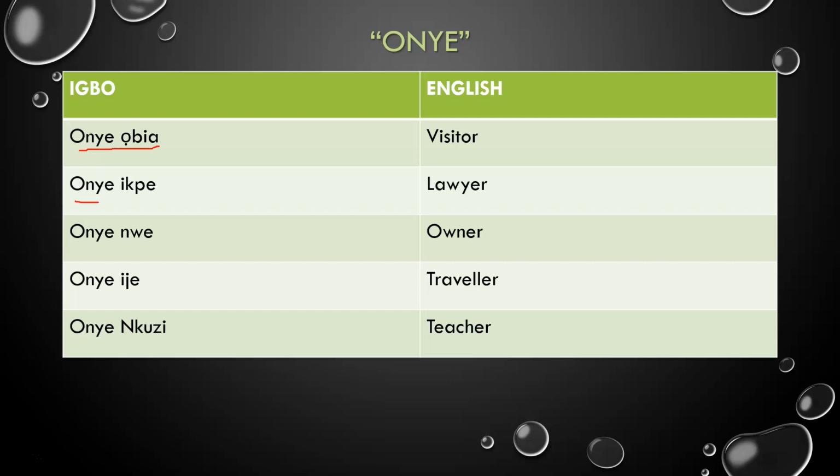Lawyer is onye ikpe. Owner is onye nwe. Traveler onye ije. Teacher onye nkuzi. Okay, onye ọbịa, onye ikpe, onye nwe, onye ije, onye nkuzi, and so on and so forth.